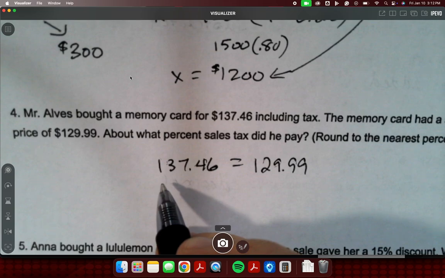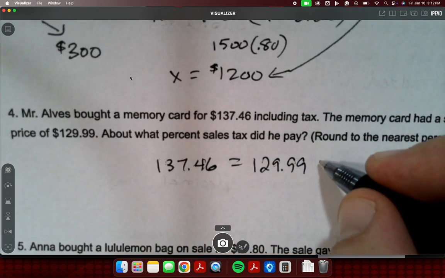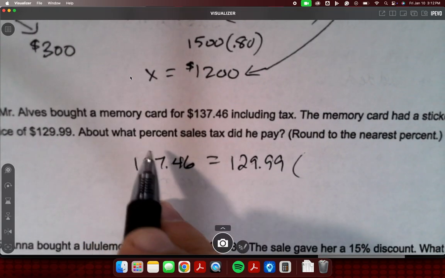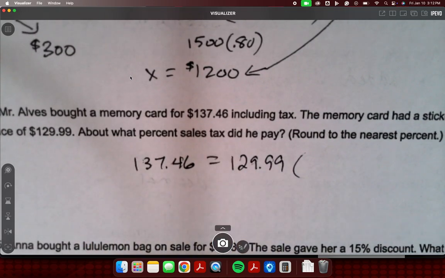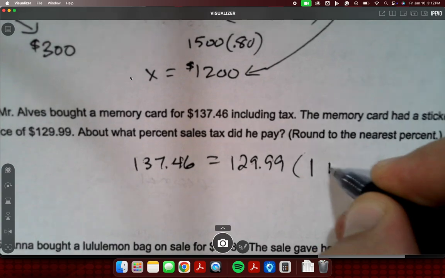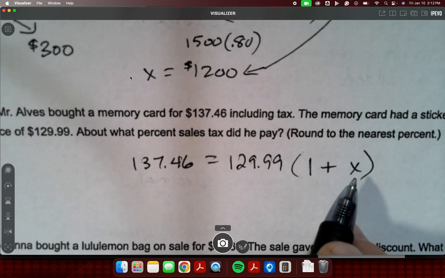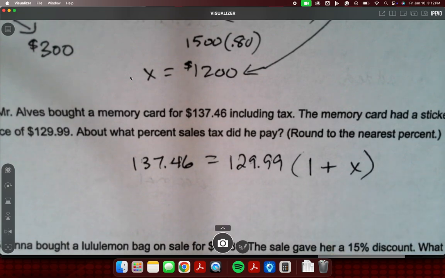The new price, when the tax was included, was $137.46. So about what percent sales tax did he pay? So what we don't know is the tax. So we put an X there where we normally put the decimal of the percent. So we got to solve for this X.